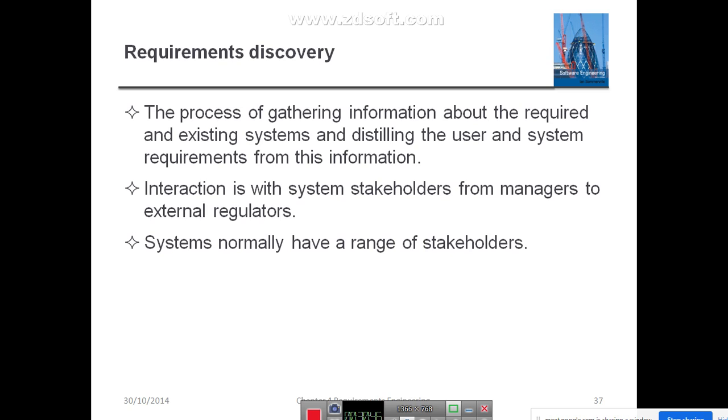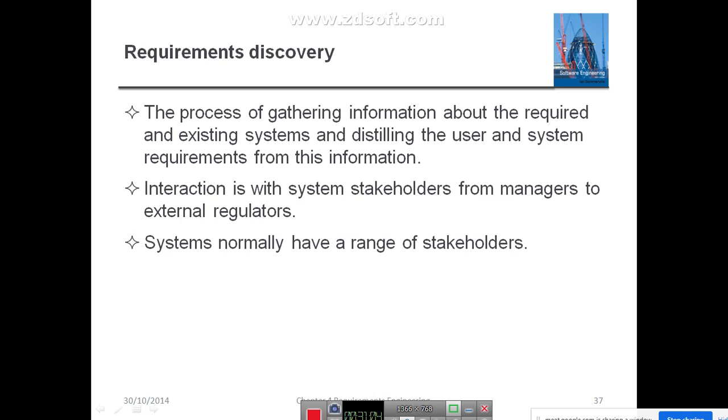Now, whatever information you have gathered, from that information you separate which are the user requirements and which are the system requirements. That is done in the requirement discovery itself. Clear?